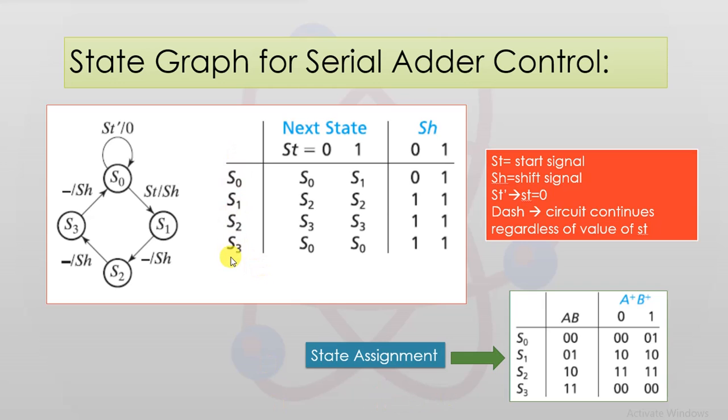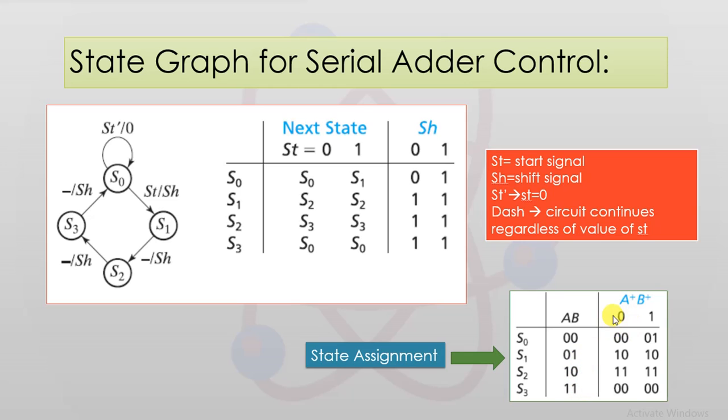Since there are 4 states, we are going to represent them in terms of binary notations, and I'm going to represent them in terms of 2 variables. So 2 variables will lead me to 4 different combinations of the inputs, that is 00, 01, 10, 11.